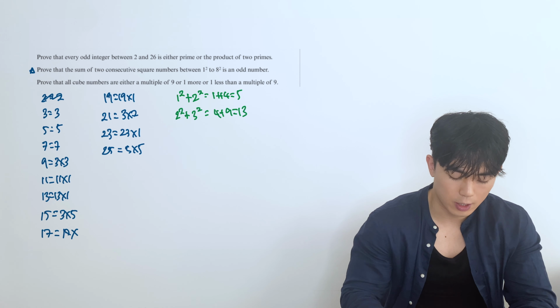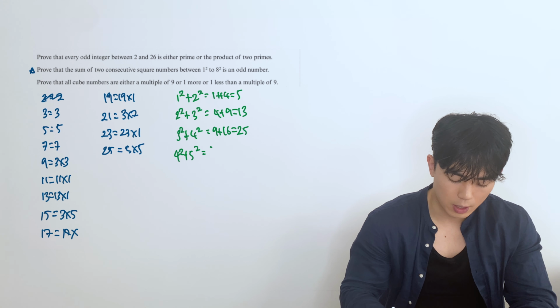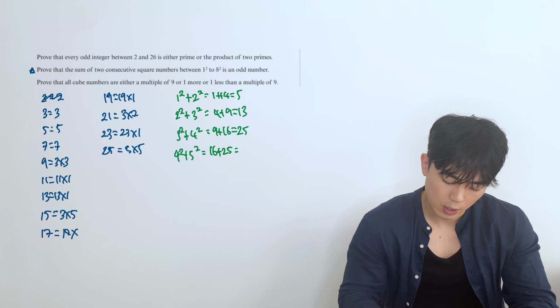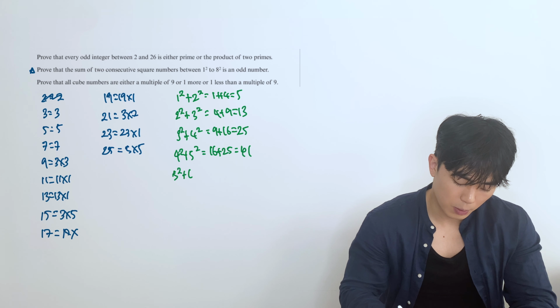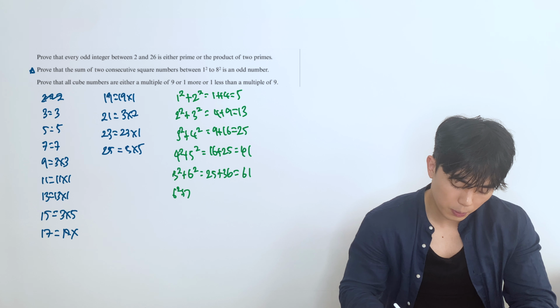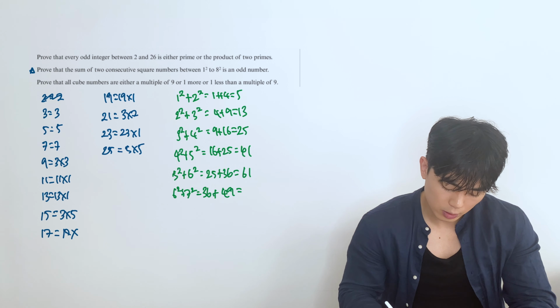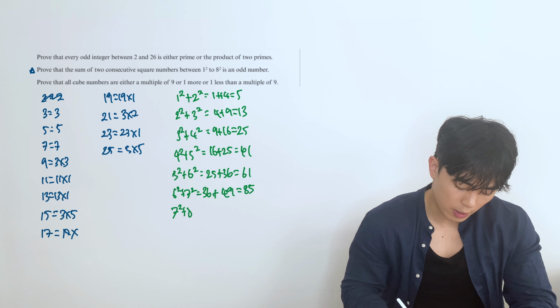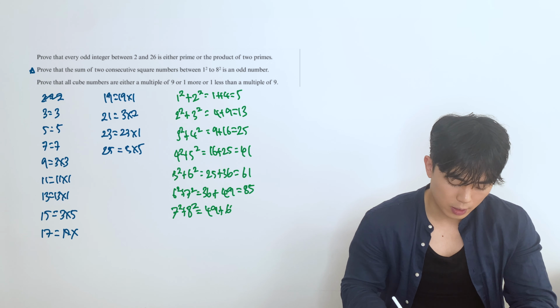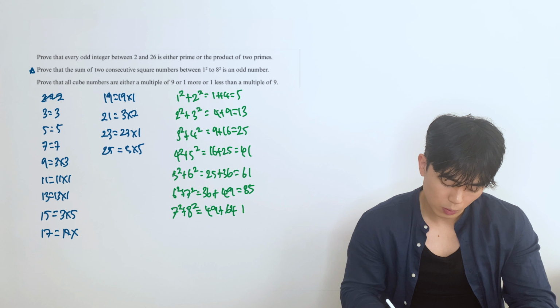4 plus 9 is 13. 3 squared plus 4 squared, we have 9 plus 16 is 25. 4 squared plus 5 squared, we have 16 plus 25 is equal to 41. 5 squared plus 6 squared, 25 plus 36 is equal to 61. 6 squared plus 7 squared is 36 plus 49 is equal to 85, and 7 squared plus 8 squared, 49 plus 64, we have, what do we have here? 113.